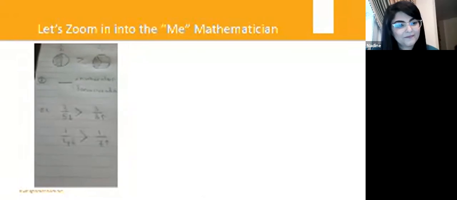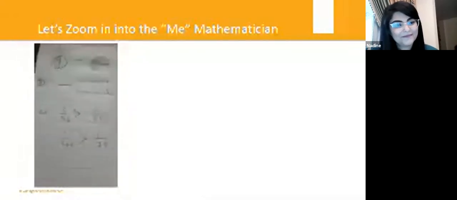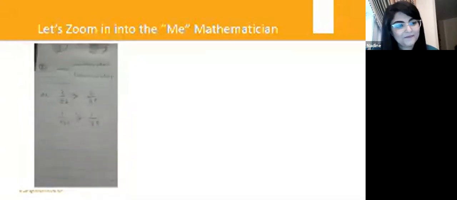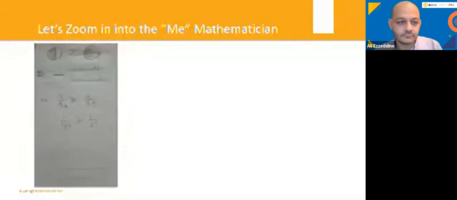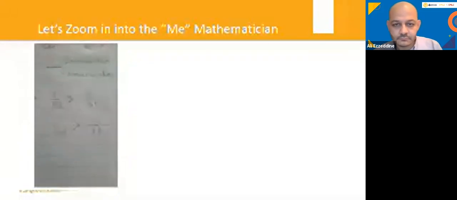So I would see that 3 over 5 is larger than 3 over 8. And if I have 1 over 4 and 1 over 7, I would see that 4 is the lowest denominator, so 1 over 4 is larger than 1 over 7.